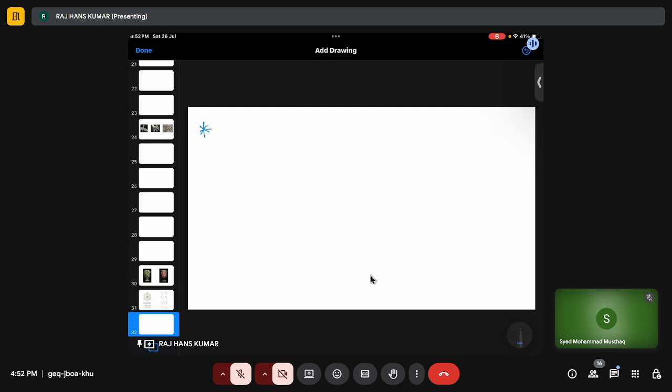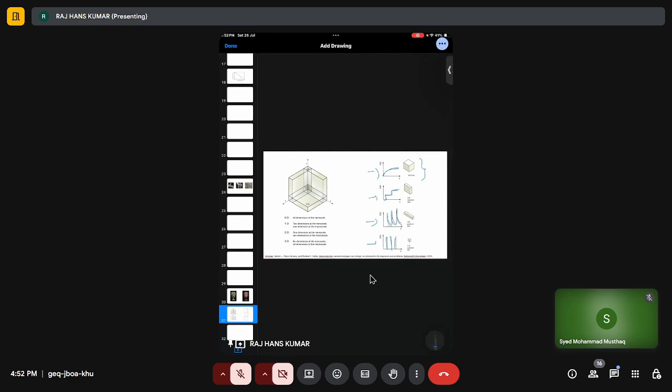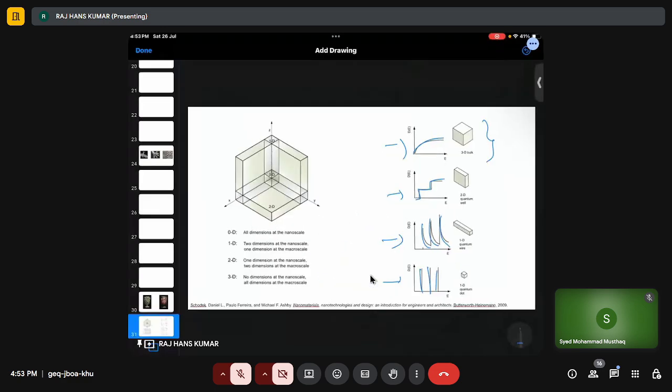Okay then, I will derive this part. It's easy actually. It's not that difficult.